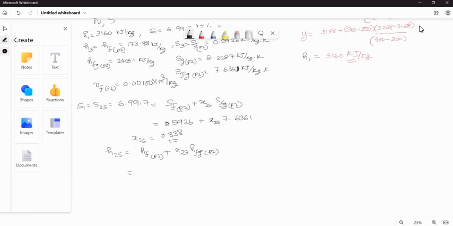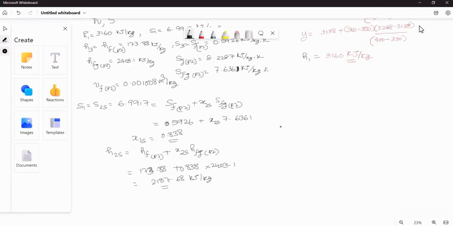These values you can put in: 388 plus 0.838 times the HFG value, and that value is actually 2187.68. Right, that is H2S.